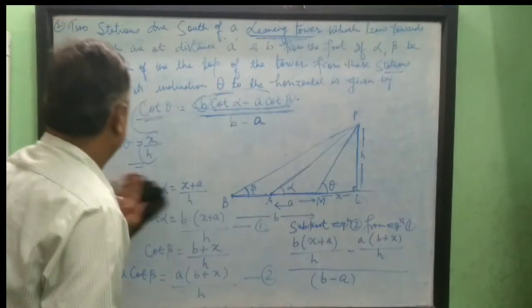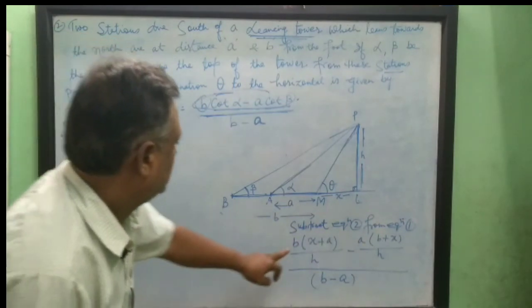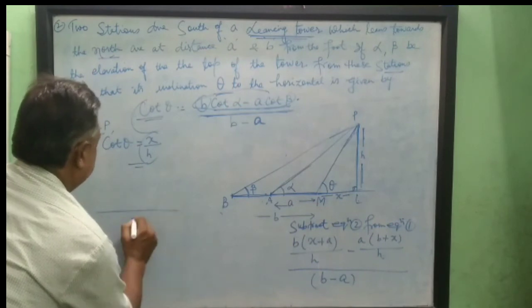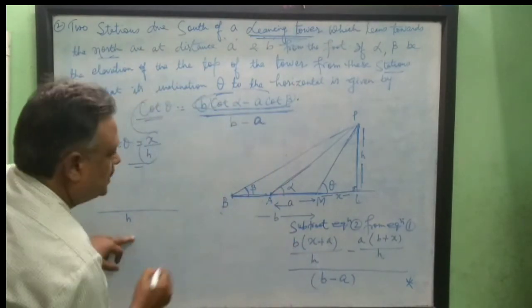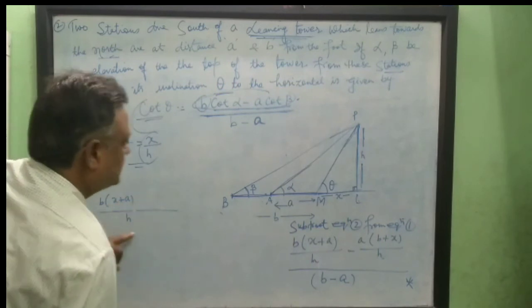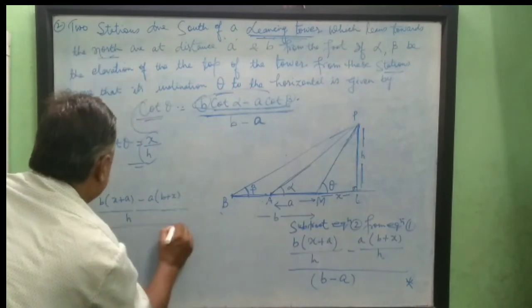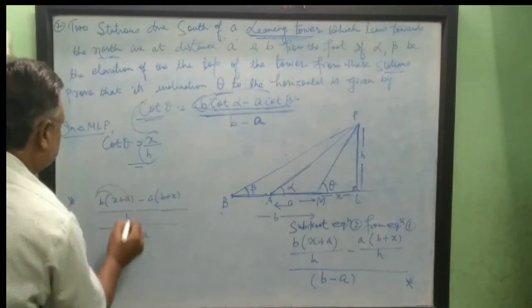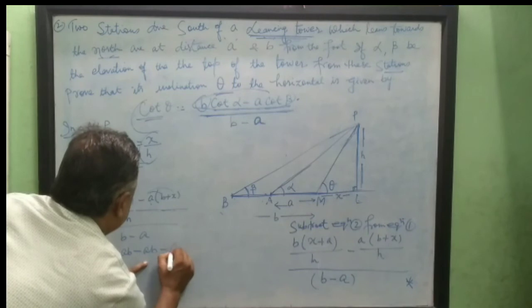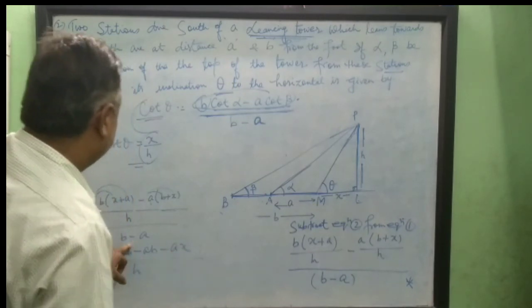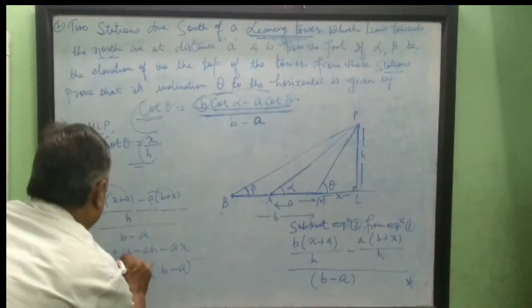So here now LCM will be H. So start from this part, LCM will be H, and this will remain B into x plus A minus A into B plus x, and this whole part is divided by B minus A. Now bx plus AB minus AB minus AX by H is divided by B minus A. Now here AB and minus AB cancelled.